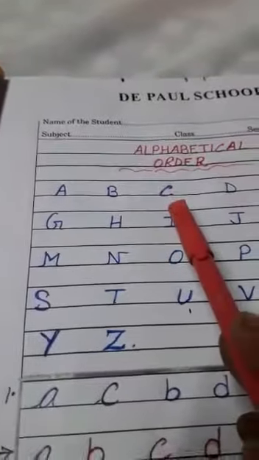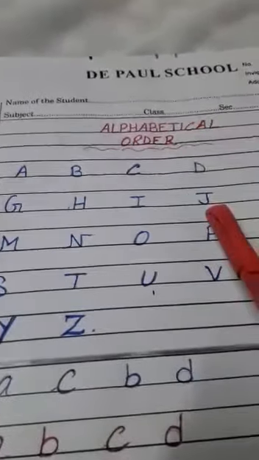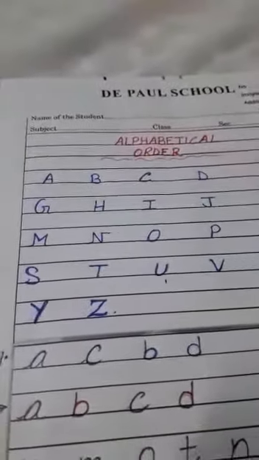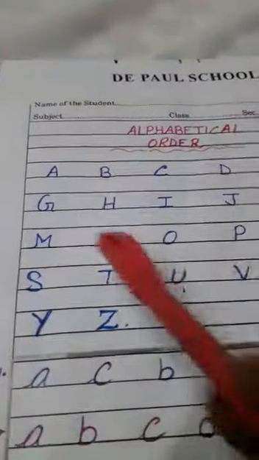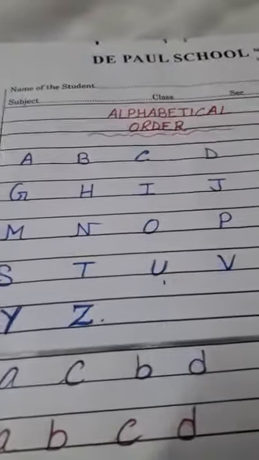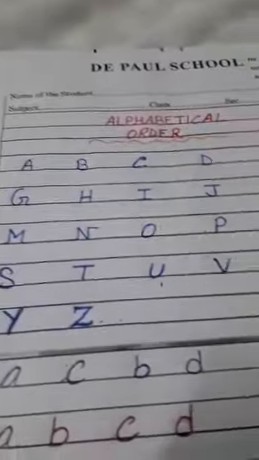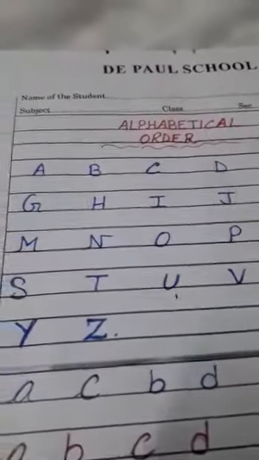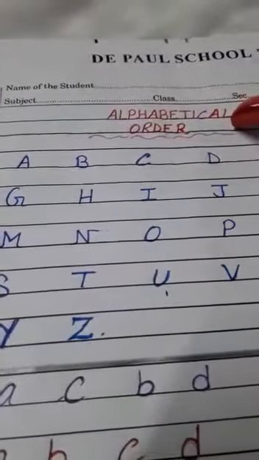Fixed order means after B, C is coming. Before J, I is coming. So, this is called a fixed order. And the letters of the English alphabet are arranged in a fixed order, and this fixed order is called alphabetical order, our topic.